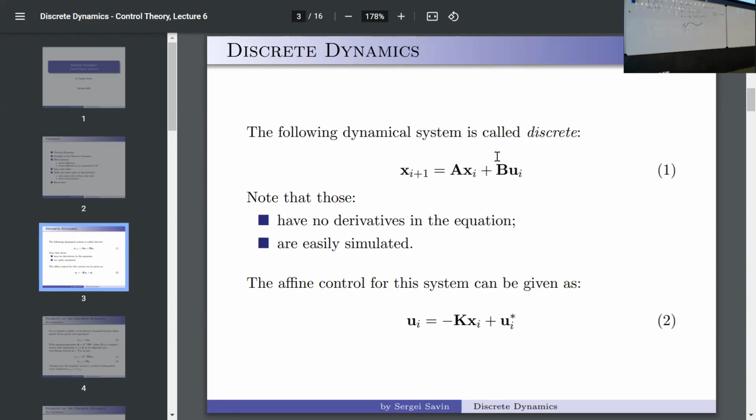So if you want a rule of thumb about whether you should consider your system as continuous or discrete, when you encounter a practical problem, look at it, notice that the frequency is somewhere below 10 kilohertz, and consider it discrete.